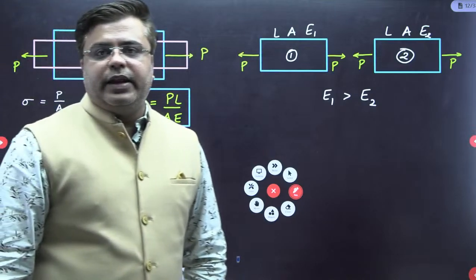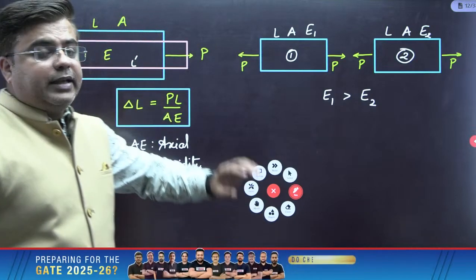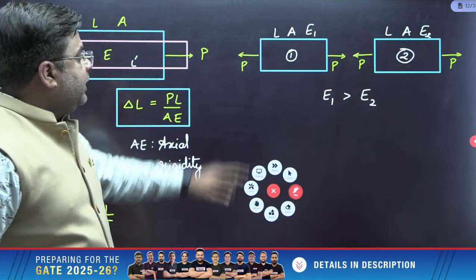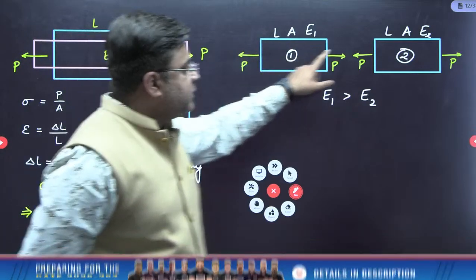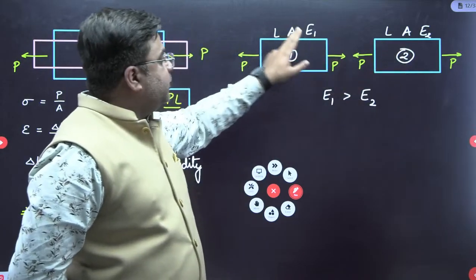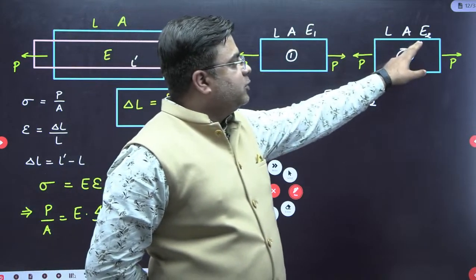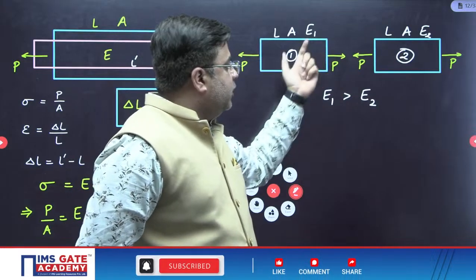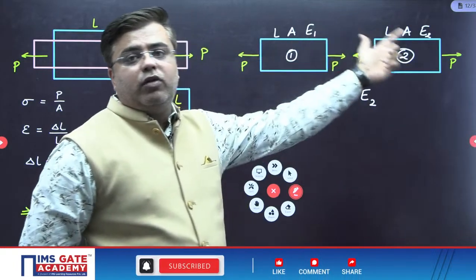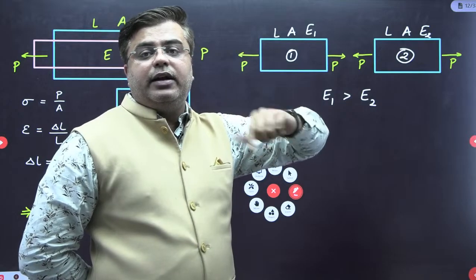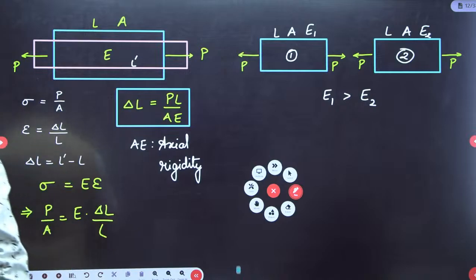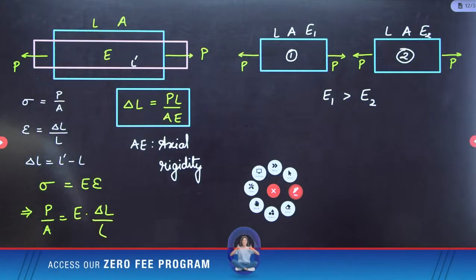I'm asking which material will undergo more deformation, if the length and area of material 1 are the same as those of material 2, but Young's modulus of material 1 is more than that of material 2. Quickly, material 1 or material 2?